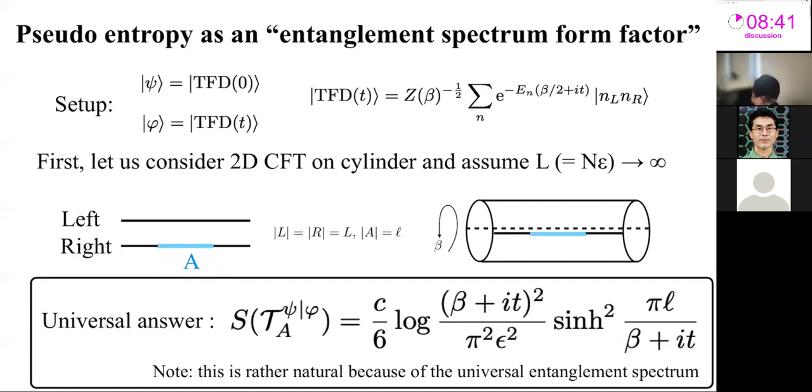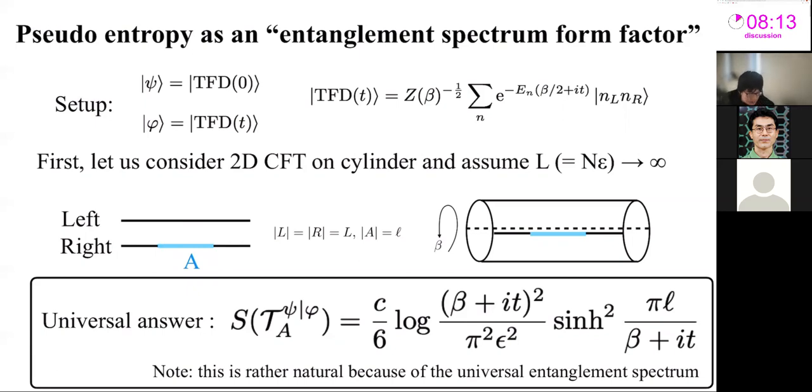And let's suppose the total system size for the right system and the left system is capital L, and this subsystem A corresponds to the small l. And assume the inverse temperature is beta. And first, let's consider the L to infinity limit, I mean the large volume limit, since it's the simplest example.